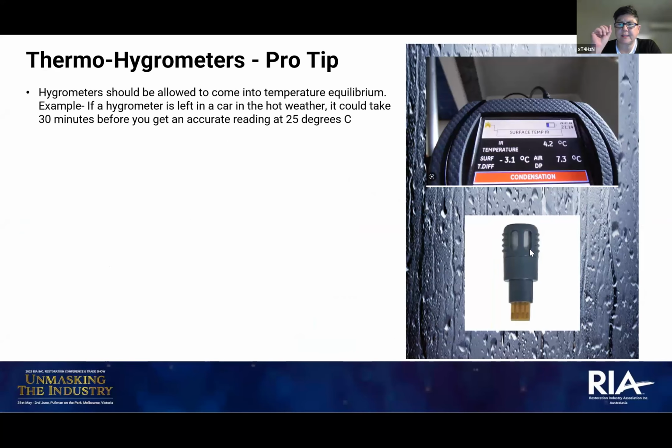The quick stick has the ability to acclimatize itself to the environment within a minute. So if I take it into a hot room and read it, I can bring it into a colder outdoor area, wait for about a minute, and it will acclimatize itself.